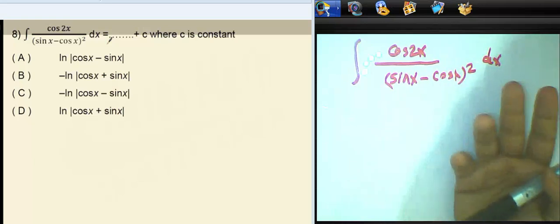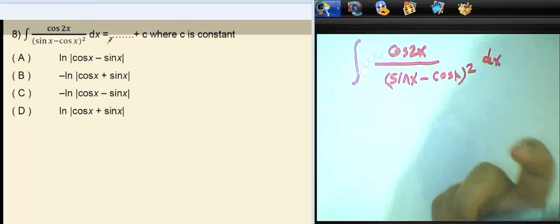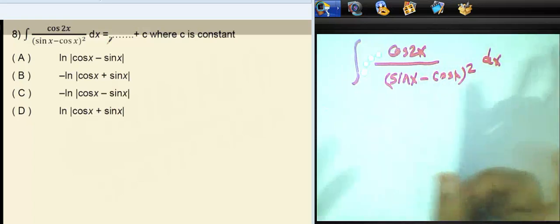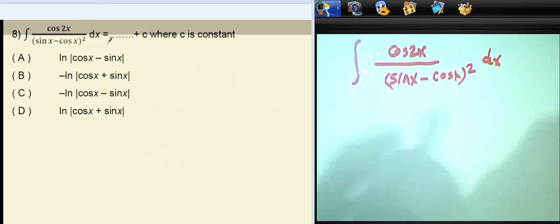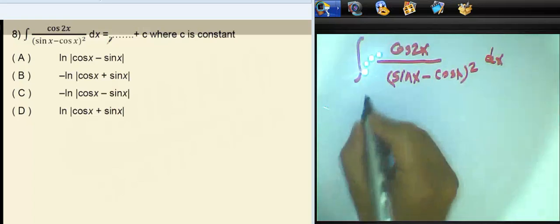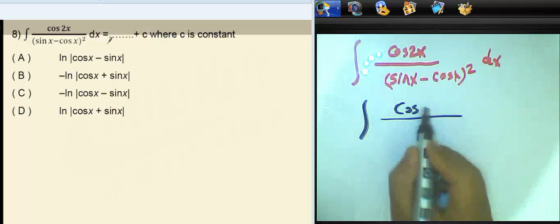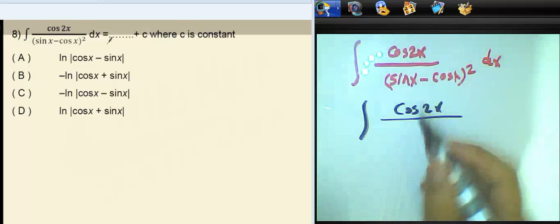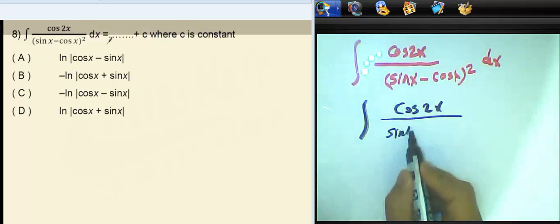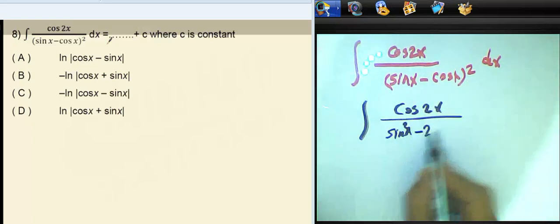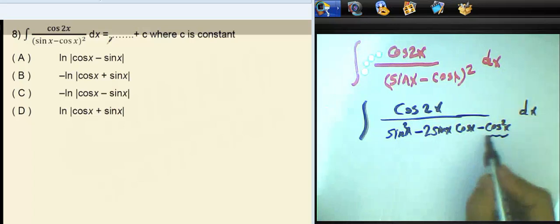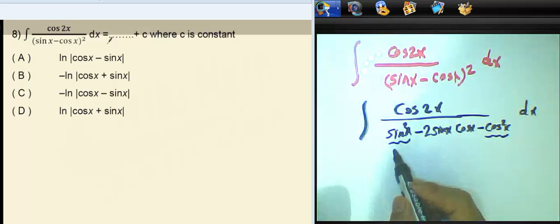Here we can write cosine power 2x subtract sine power 2x, or you can use any rule for this function. Okay, first I will solve the denominator here, and if you want to find the result for the denominator, think about the numerator. Okay, sine power 2x here, subtract 2 sine x cosine x plus cosine power 2x, all dx. We know cosine power 2x and sine power 2x.